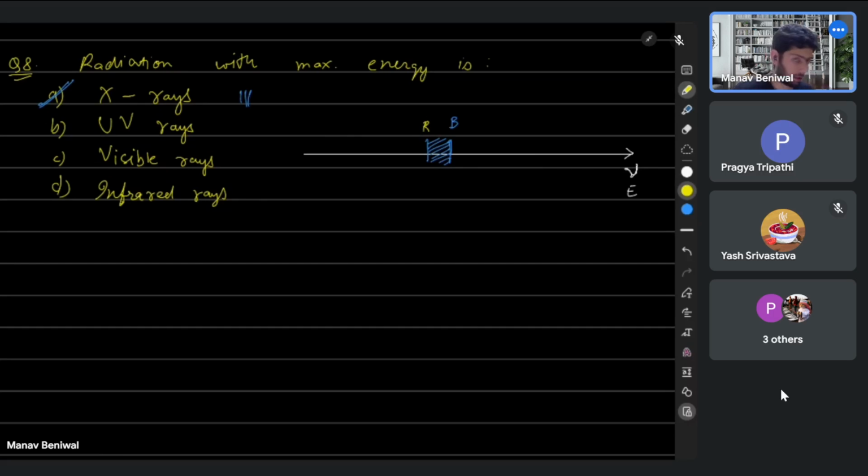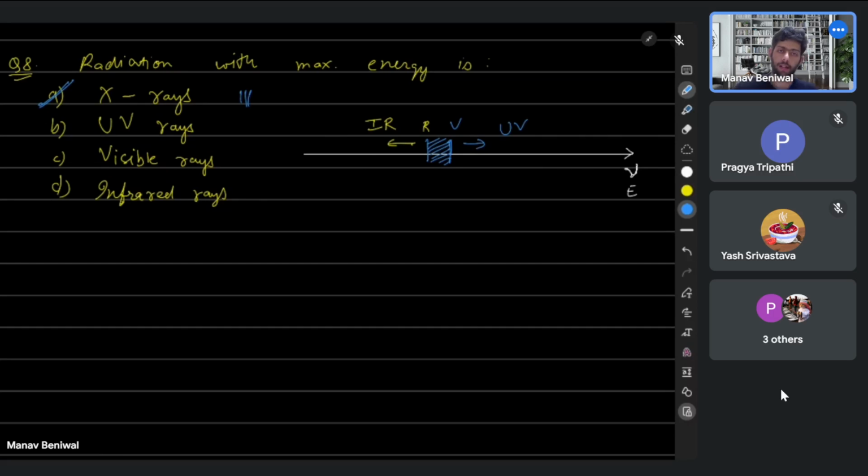And therefore, the wavelengths which are towards the left of this red are called infrared, right? So this is your infrared region, IR, and those which are on the higher side of blue, let me not write blue, let me write violet. Okay, and therefore on the right side they are called ultraviolet because they are higher than violet.